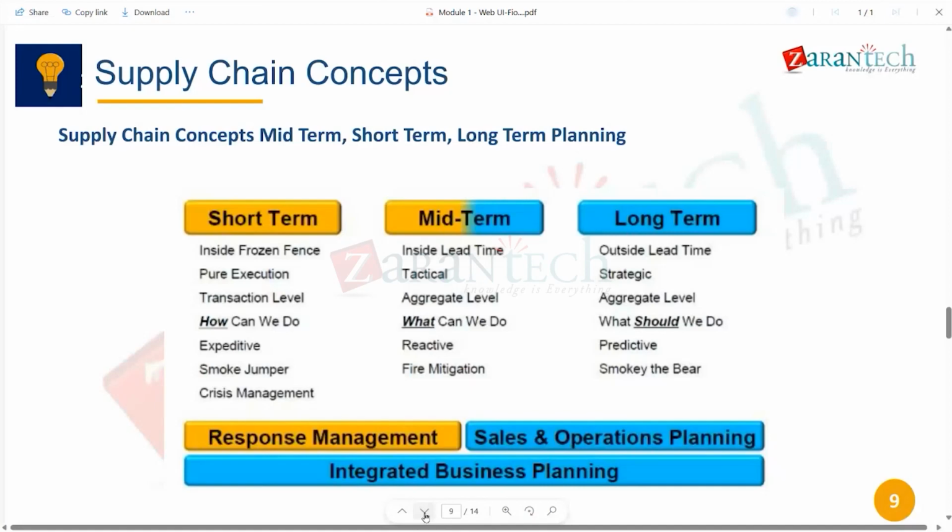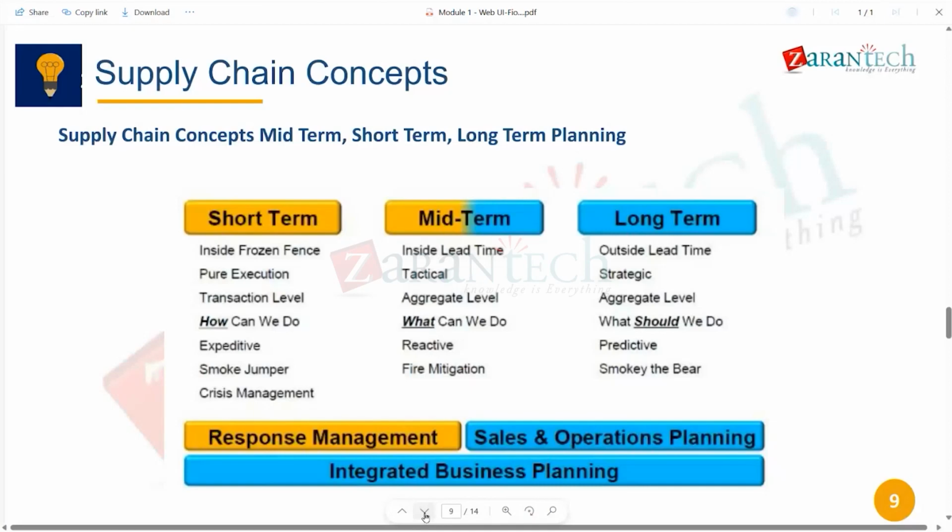So mid-term level basically talks about the aggregate level, and it's more of a tactical decision making process, and what can we do kind of an approach is where it is used. And for the long term, basically it's outside the frozen window. That is for the long term, sometimes over the period or over the year window. So this is basically a strategic window because you don't need to make any changes right now, but based on the business strategy and the future strategy, things can change.